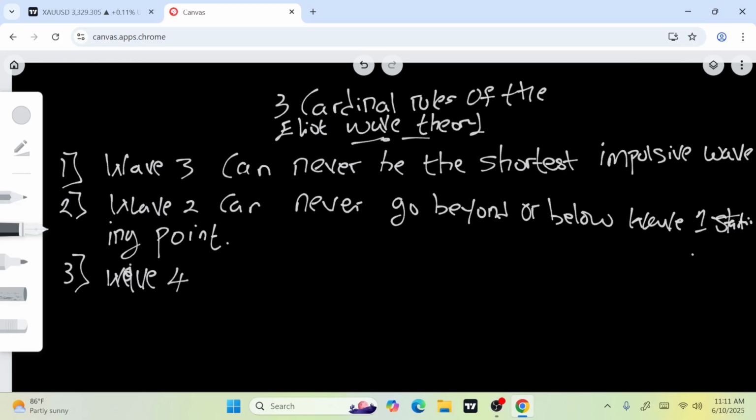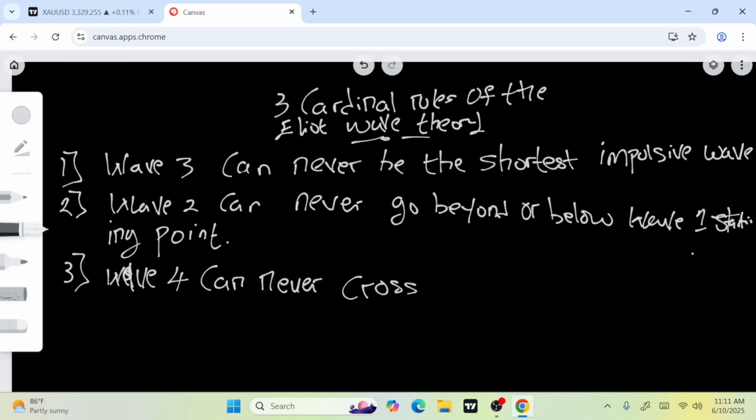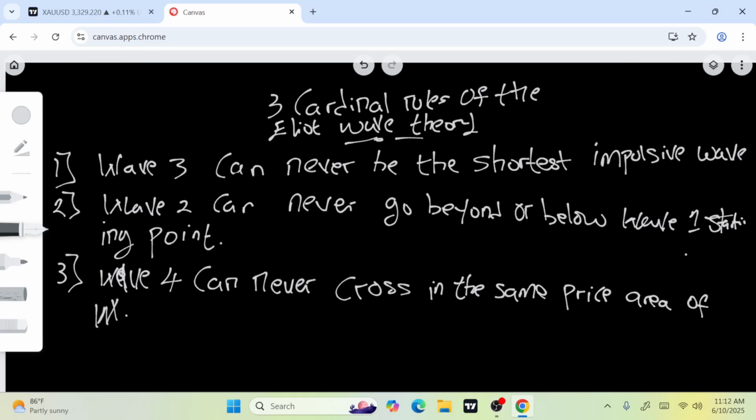Wave 4 can never cross in the same price area of wave 1.